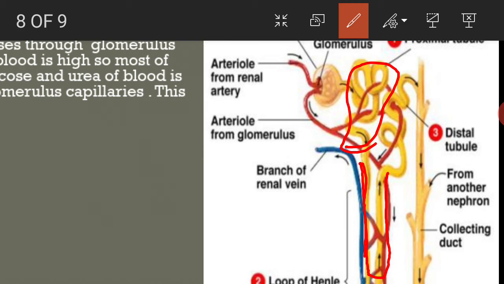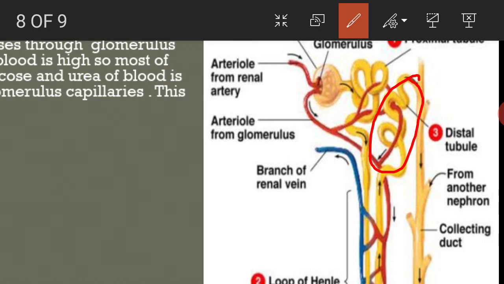The descending limb of the loop of Henle reabsorbs water, and the ascending limb absorbs salts through active transport. The distal convoluted tubule, the last part of the tubule, again allows the reabsorption of water.